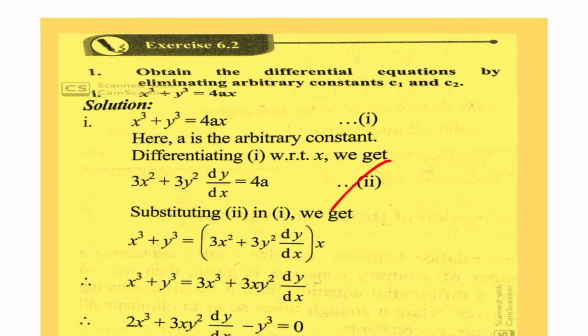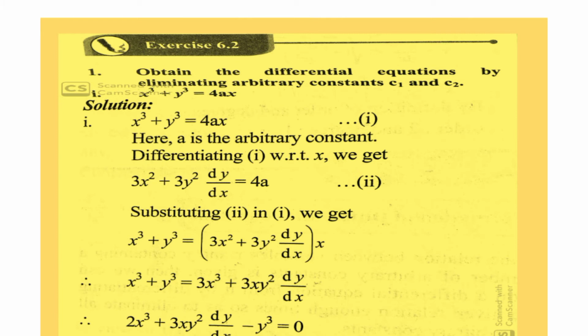See the first, x cube plus y cube is equal to 4ax. Here a is an arbitrary constant. So solution, x cube plus y cube is equal to 4ax, give this equation 1. Here a is the arbitrary constant.